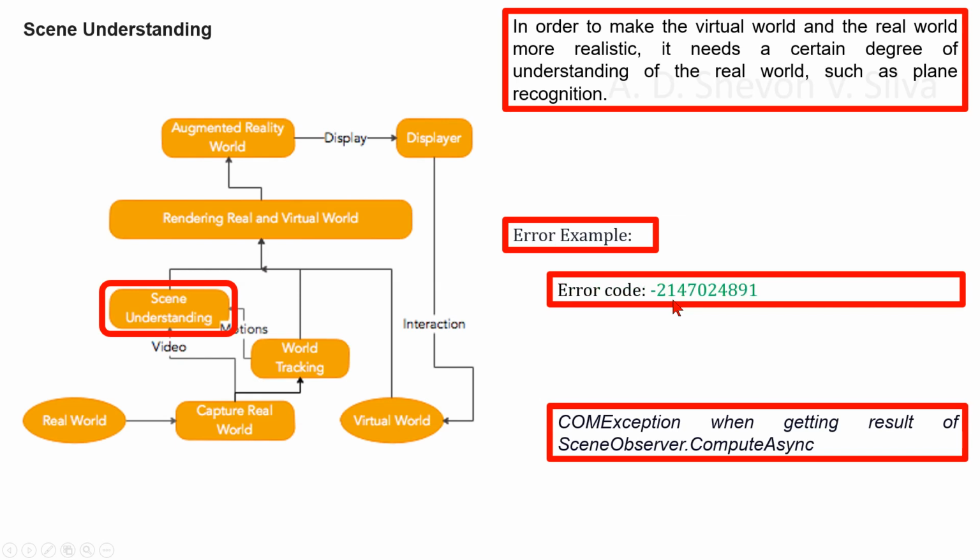As an error example, we can consider this error code that occurred when getting the result of ComputeAsync. This is minus 2147024891.